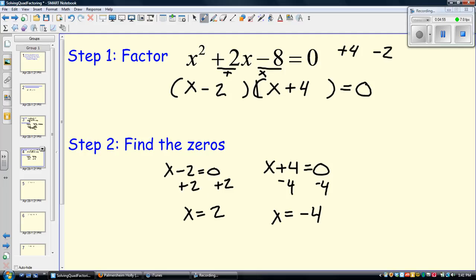So again, if we substitute it in, 2 squared is 4, plus 4. 4 plus 4 is 8, minus 8 is 0. Negative 4 squared is 16, and then times 2 would be negative 8, so 16 minus 8 is again 0. So our solutions are x equals 2, x equals negative 4.